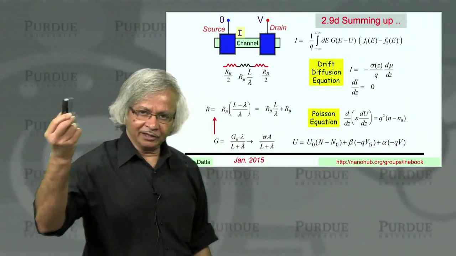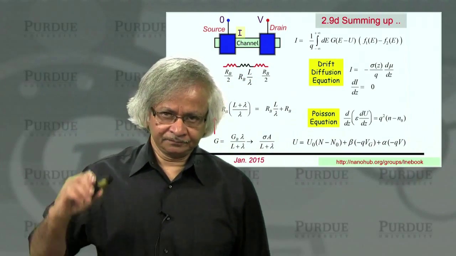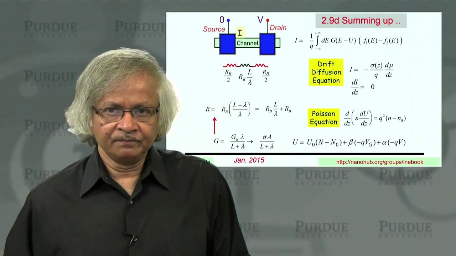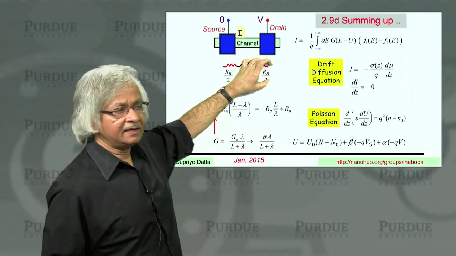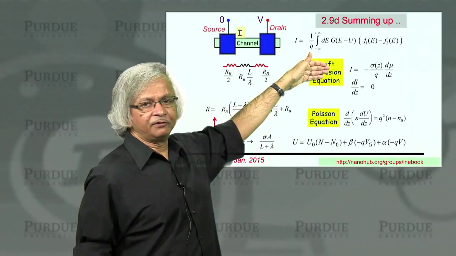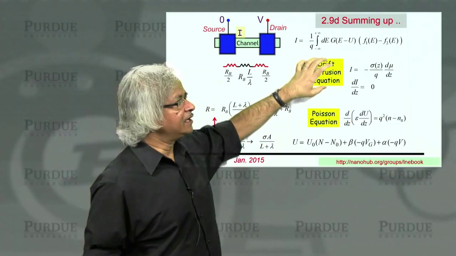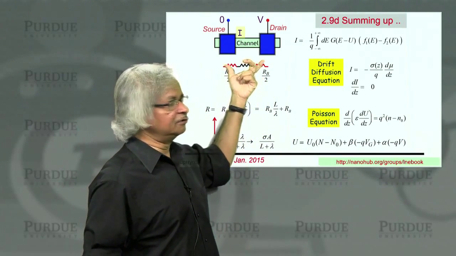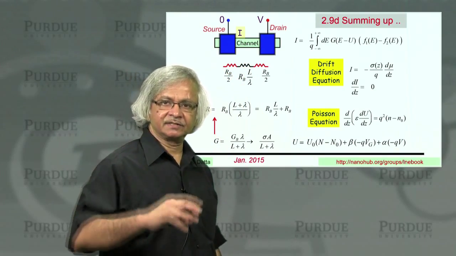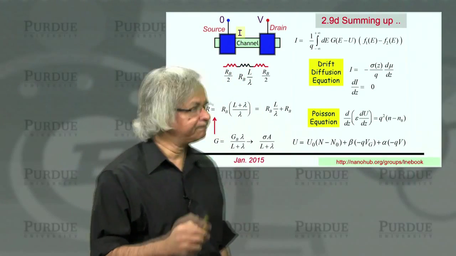And that's what we do in the next unit of this course. That's what we'll get into as to why this appears at the interfaces. And so when you're using a drift diffusion equation, what we'll show is you can use that as long as you're careful to include these interface resistances. But that's for the next unit really.